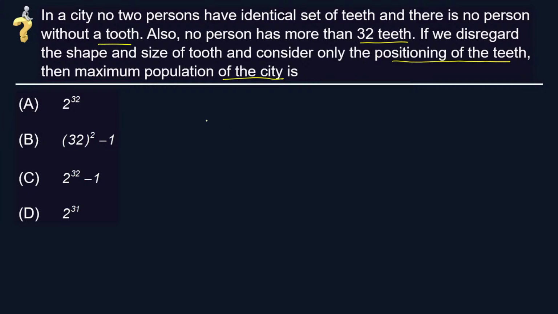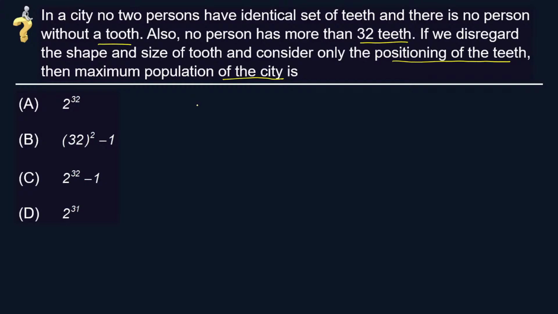Now see, no 2 persons can have the same set of teeth. A person will have not more than 32 teeth, so the maximum number of teeth that a person can have is 32.